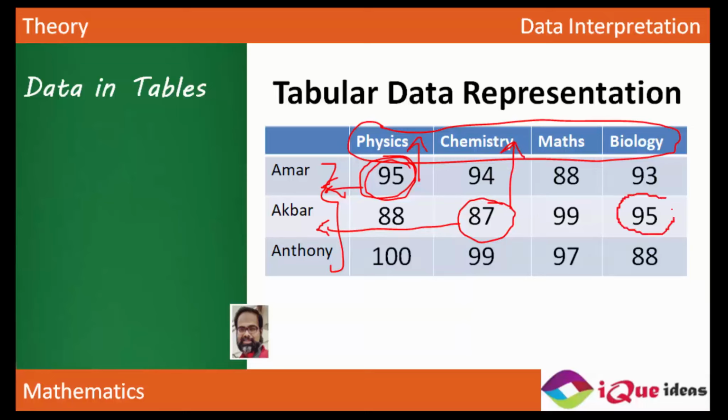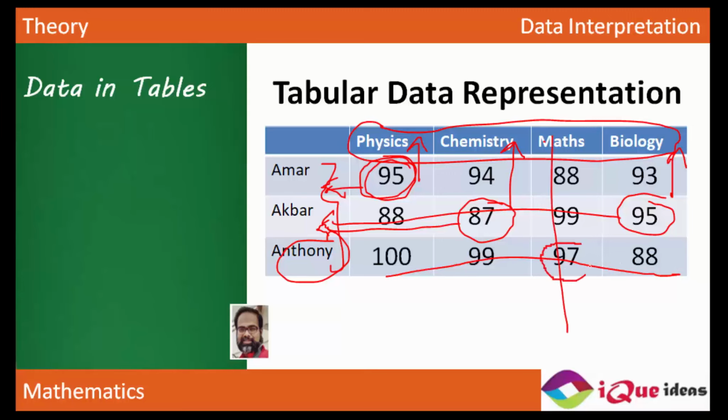This particular data point is the mark obtained by Akbar in the subject of biology. If I were to ask how many marks did Anthony score in maths, then for Anthony, the marks scored in mathematics is this particular point. So this is a very simple way of representing specific information for a bunch of students about their marks.